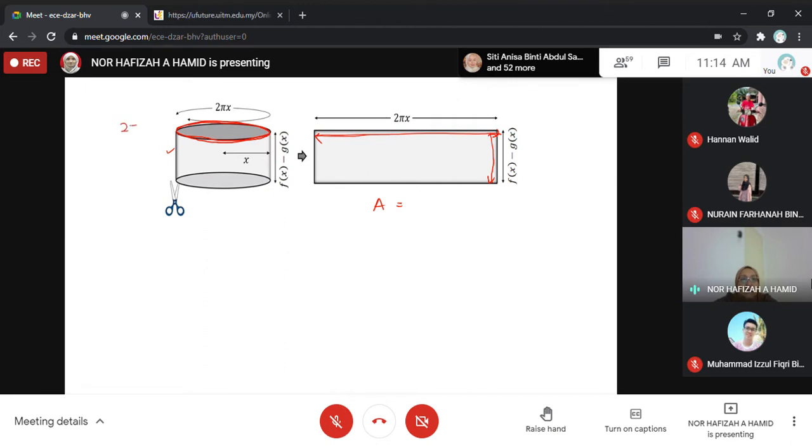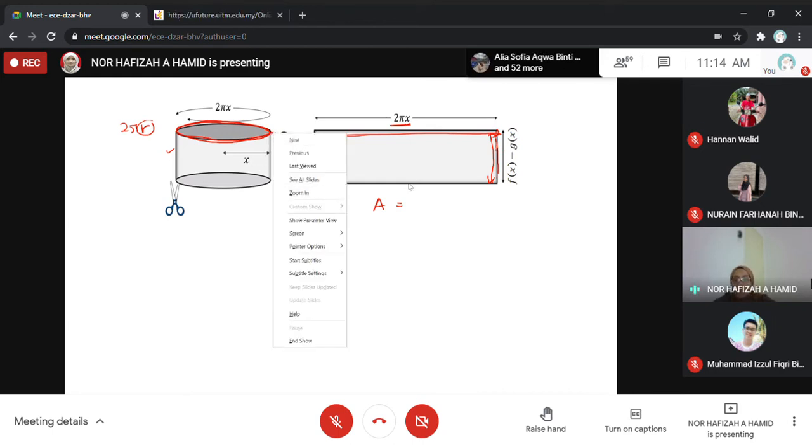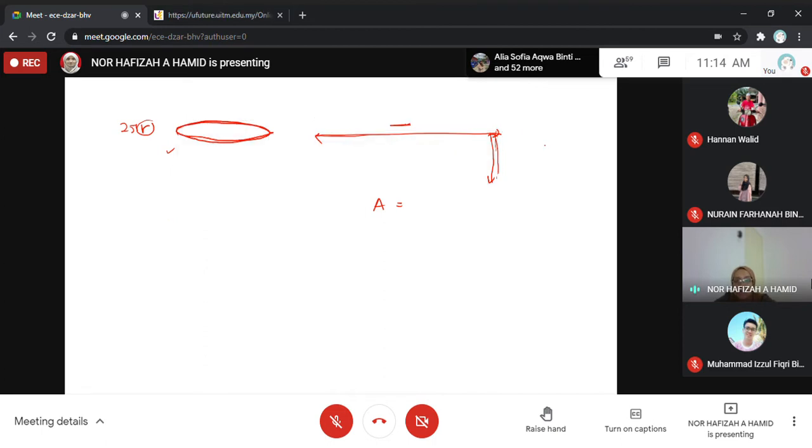So kalau you punya general formula is 2 pi r lah, where r is the radius. Tapi in terms of this one, you punya radius tu is equal to x. So that's why you have length is equal to 2 pi x. And then the height dia is f(x) minus g(x). So f(x) tu sebenarnya refer to the upper function lah, so upper dia is f(x) minus with the lower is equal to g(x).